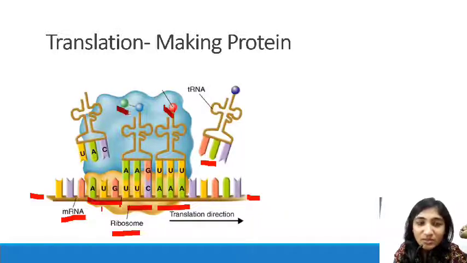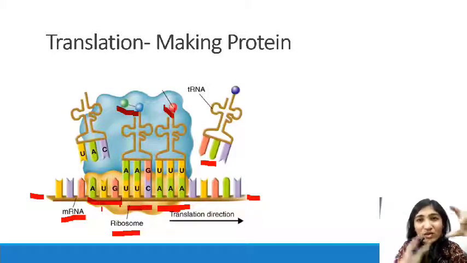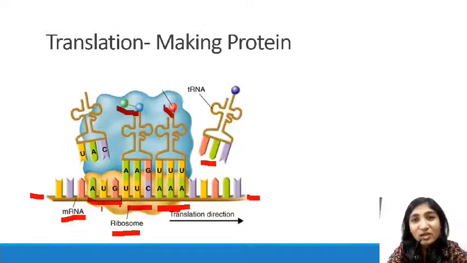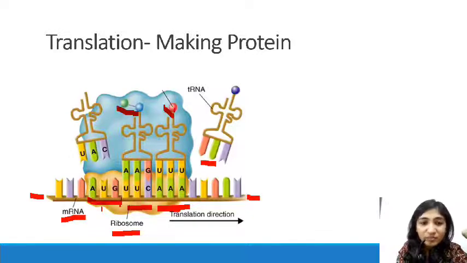All the amino acids brought are linked with peptide bonds. So when each tRNA is attached and the code is matched, the amino acid is brought to the ribosome, and the amino acids are bonded together by peptide bonds. Here you can see. Now let us see the translation.